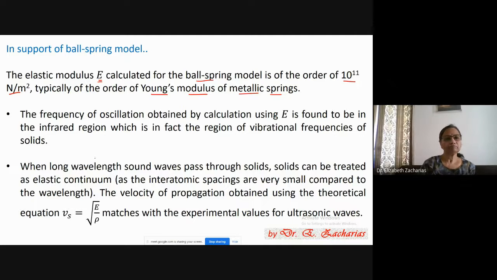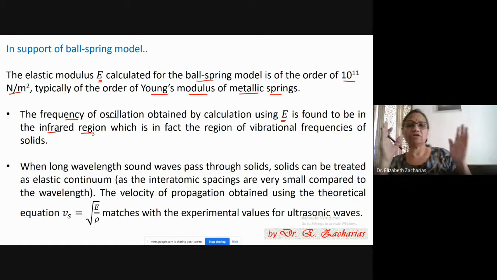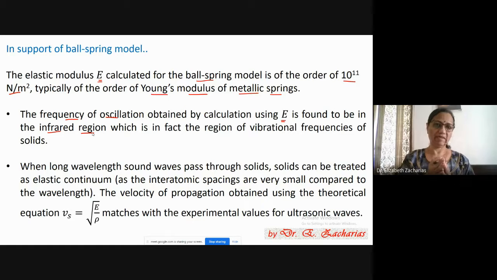Next, from the modulus of elasticity, you can get the frequency of oscillation, because after all, it's oscillating about the mean position. You calculate the frequency of oscillation, and it is found to be in the infrared region. You know the electromagnetic spectrum; there is something called the infrared region. And we know for a fact that this is the vibrational frequency of solids. How do I know? In chemistry, you must have studied a bit of spectroscopy.